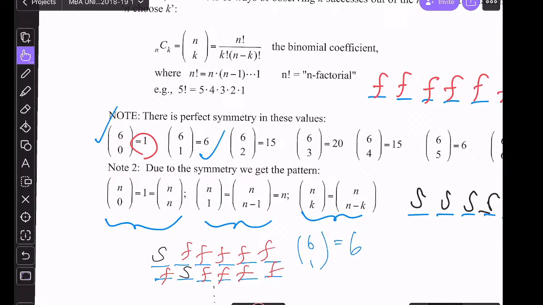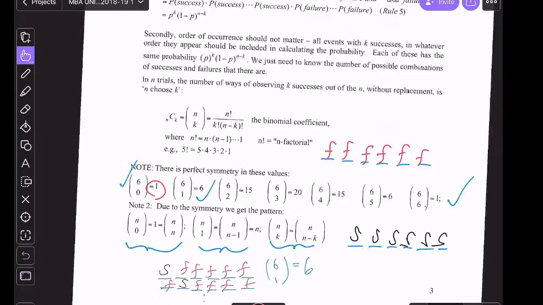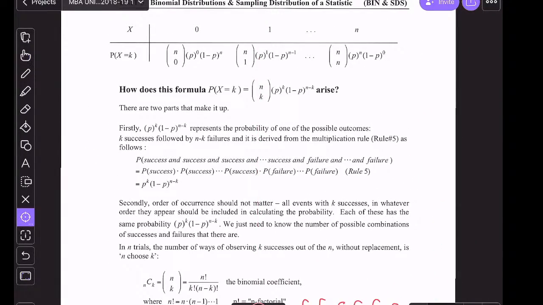So that means the coefficient has a binomial pattern. It's only the inside, this multiple here, that would make it not be symmetric.